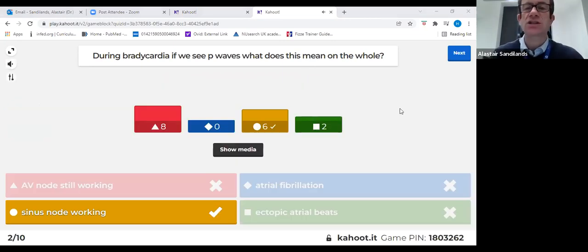Yeah, so it means the sinus node is working. So just seeing P waves on its own, the sinus node is working during bradycardia. So we need to go through obviously the different causes and look at that. But yeah, that's what we see. If you see a P wave and there's a bradycardia, your sinus node is still working.